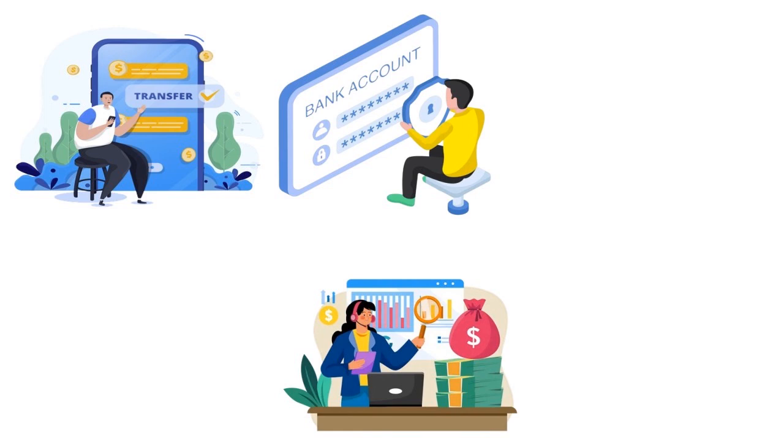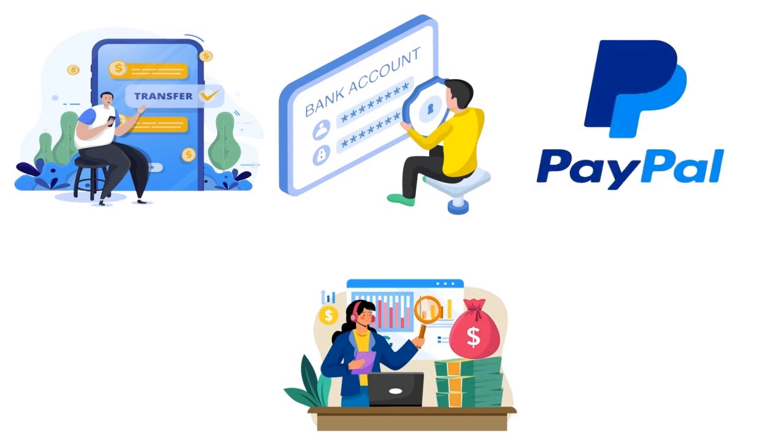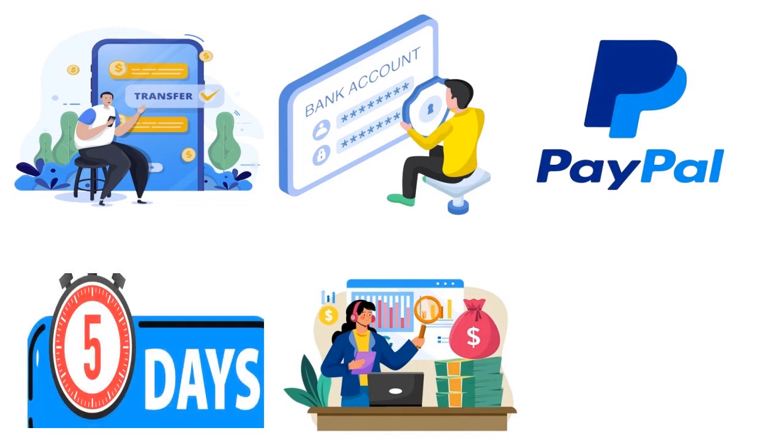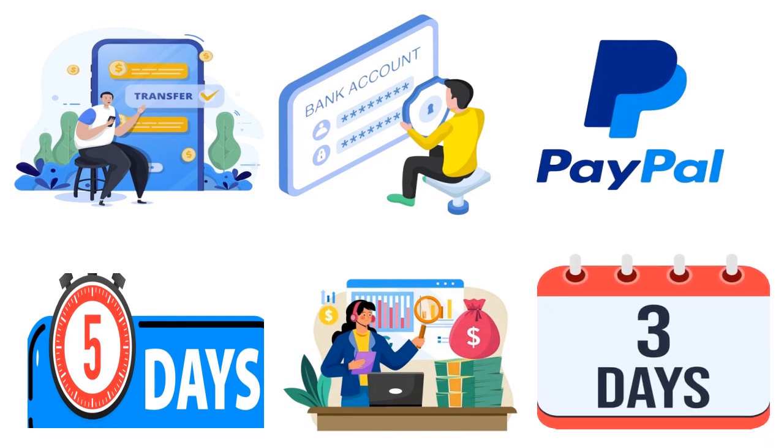In terms of transfer timing, this is an important element to think about also, because moving money from your PayPal account to your bank account can take up to 5 days. Transferring money from your bank to your PayPal account can also take up to 5 business days. Transfers from Cash App and Venmo to your bank account take 1 to 3 days according to the providers.